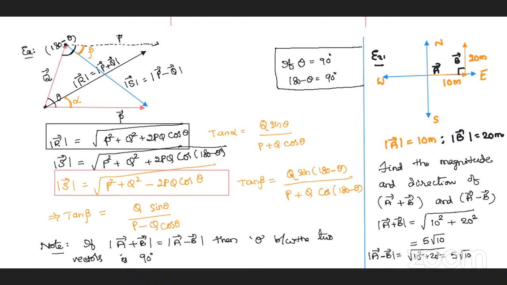So if mod of a bar plus b bar equals mod of a bar minus b bar, then theta between the two vectors is 90 degrees. For this note point, you can take this as the proof.